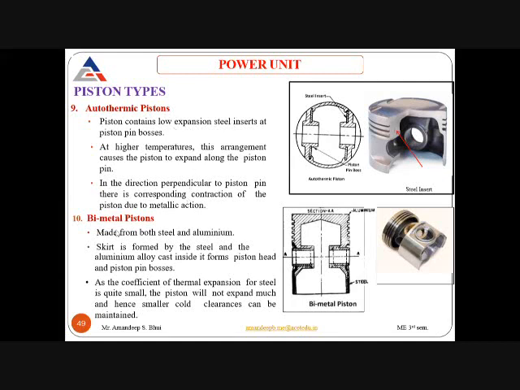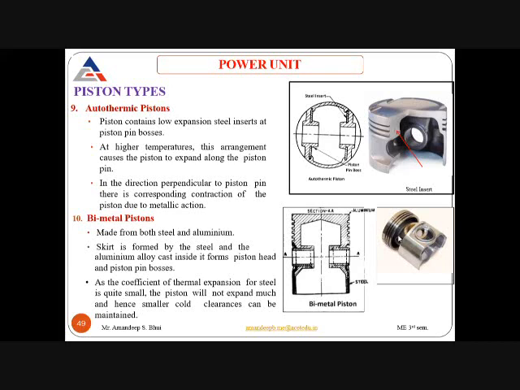Next type of piston is your bimetallic piston. This is made up of two materials, steel and aluminium. The skirt is formed with the steel material, and aluminium alloy is used to form the head portion. So there are two parts of the piston. The top part, that is the head portion, comprises the head of the piston and the grooves for the various rings.